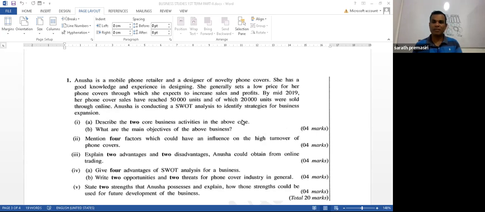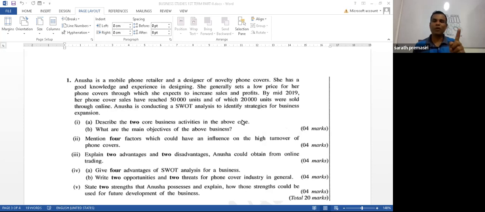First one, satisfying human needs and wants. Can you remember we have discussed earlier, Asani? Satisfying human needs and wants. Second one is value addition to resources. Now, when we do the theoretical part, we discuss these two types of business activities. First one is satisfying human needs and wants.